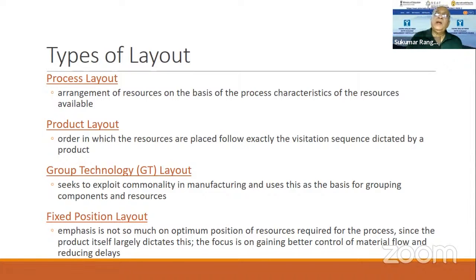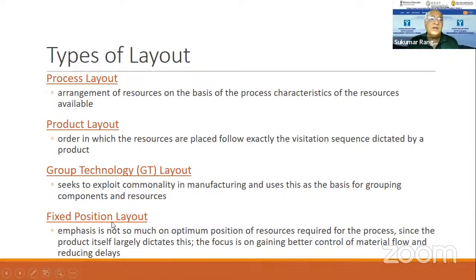Some of the products may be done in a group technology layout, where different groups may be making brakes in one division, the clutches in another division, so they have their own layouts because they need typically different type of processes. So group technology layout could be one of that.